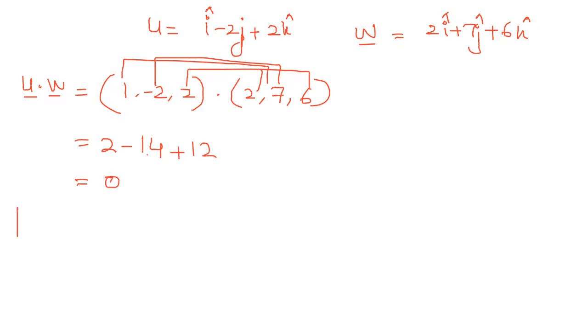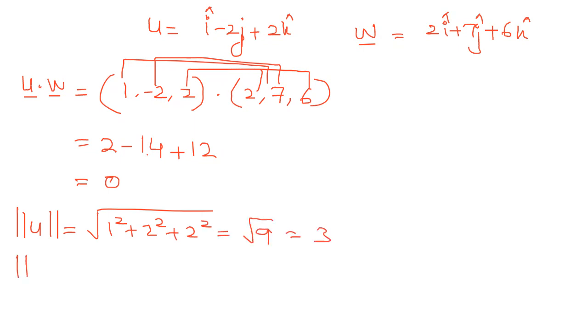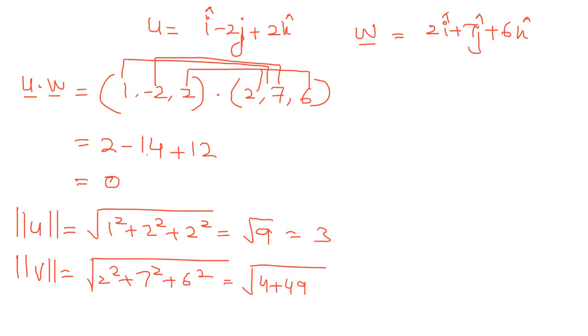Similarly, you can find the mod of u, which is the square root of 1 square plus 2 square plus 2 square, which is the square root of 9, which is equal to 3. And you can find the mod of w, which is the square root of 2 square plus 7 square plus 6 square, which is 4 plus 49 plus 36, which is equal to 89. So substitute in this formula.